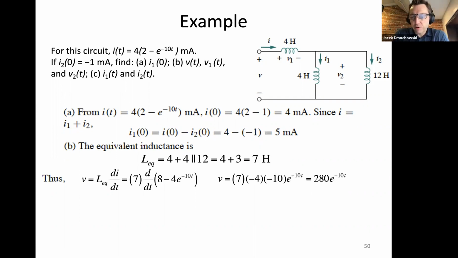Right, so what does that voltage start out at? What is the value of that voltage at time 0? And what is the voltage at time equals infinity? So the voltage will be 280 at t equals 0 and 0 at time infinity.